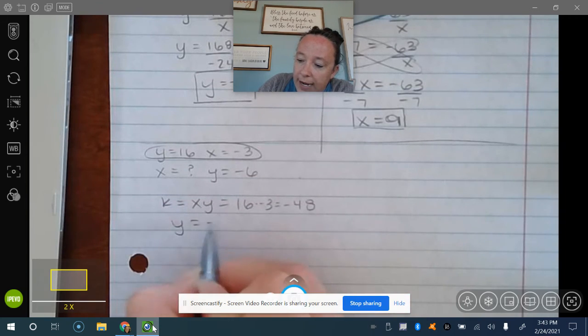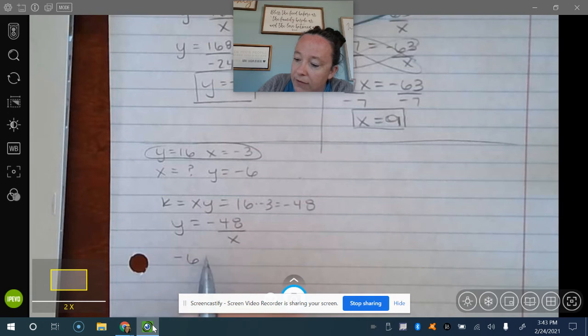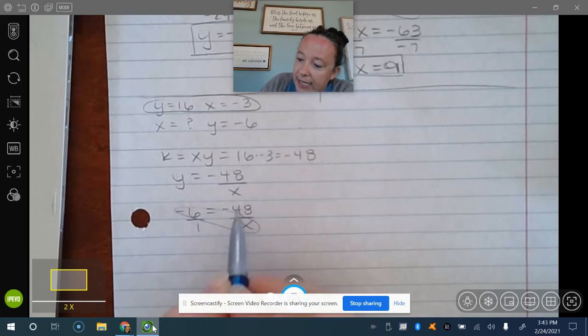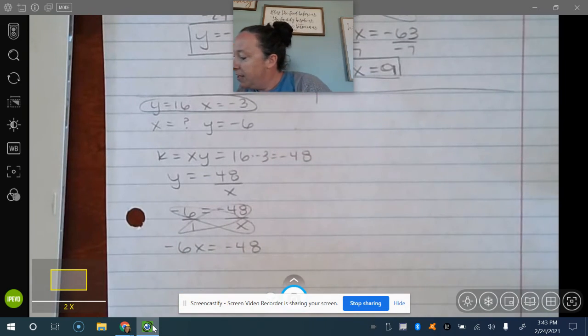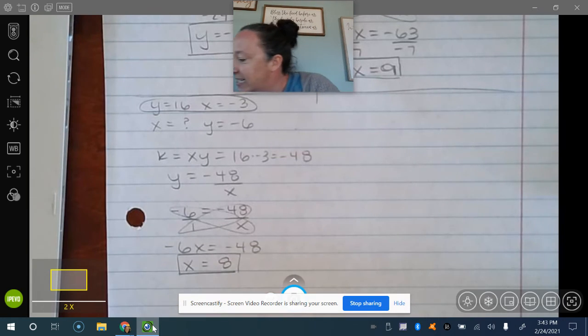Our equation is y equals k over x, so negative 48 over x. Now we're going to use this information. We know y is negative 6. Now remember, when the x is on the bottom, you can cross multiply. So you say negative 6x equals 1 times negative 48, which is just negative 48. And then you do negative 48 divided by negative 6. So negative 48 divided by negative 6 is 8. So we get x is 8.